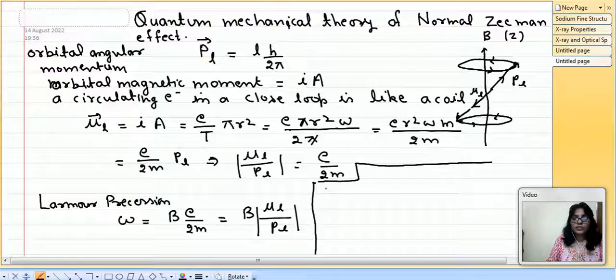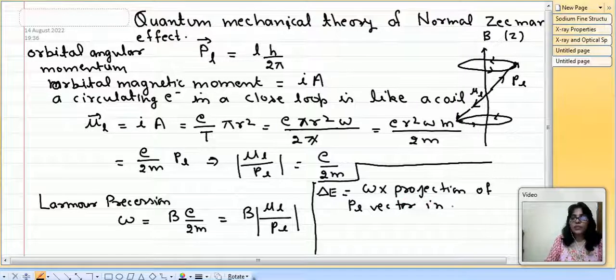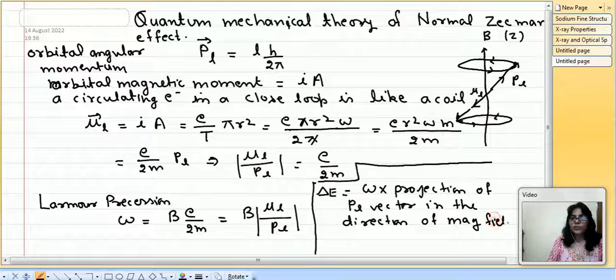So the change in energy is delta E, and this energy is equal to the Larmor frequency omega times the projection of the PL vector in the direction of the magnetic field. Let us say this is the angle theta, so it will be PL cos theta.